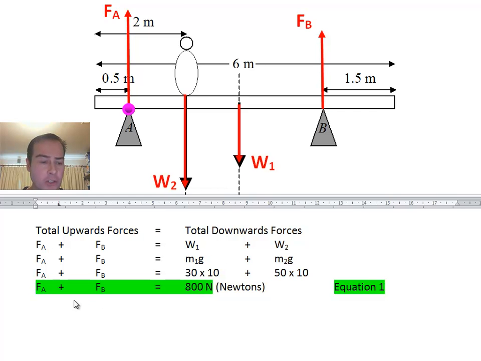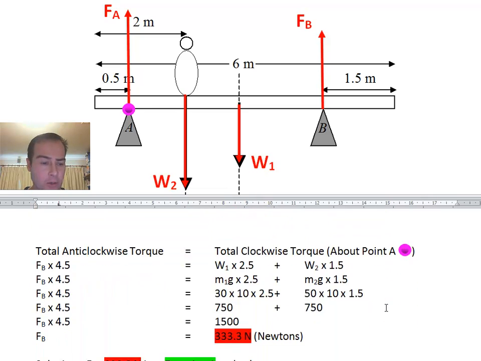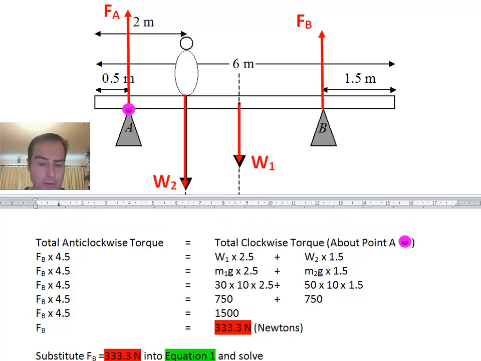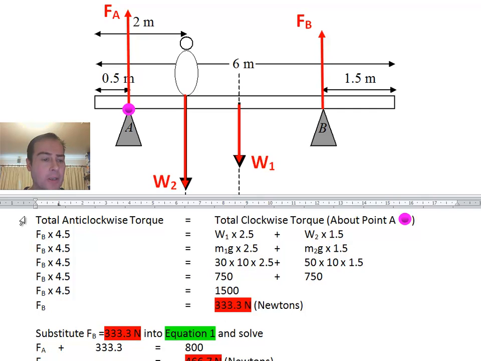Now notice this equation has two unknowns, Fa and Fb, and cannot be solved with a unique solution at this stage. So typically what we do is we label it as equation 1 and recognize that it may be useful later on. Let's now move on to our second concept, and that is the idea of rotational forces balancing.